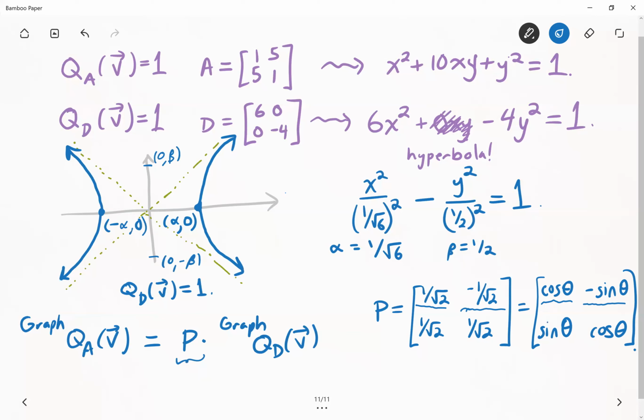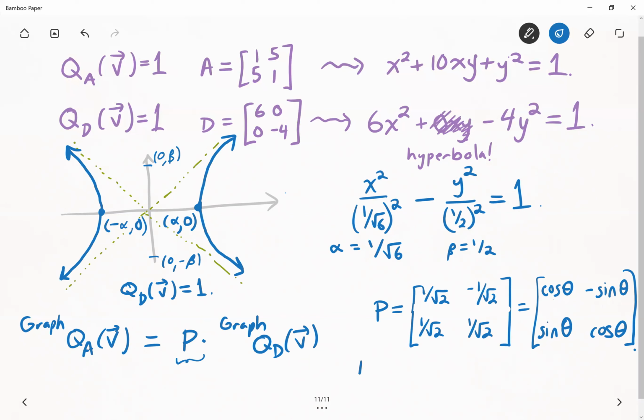If instead the negative was in the lower left instead of the upper right, then I'd be rotating by a negative angle. And so that could be a little bit confusing to think of it that way. So another way we could think about this is this matrix, the matrix P, we can think of this as rotating, but we can also think of it as transforming the vectors i and j, the unit basis vectors, right?